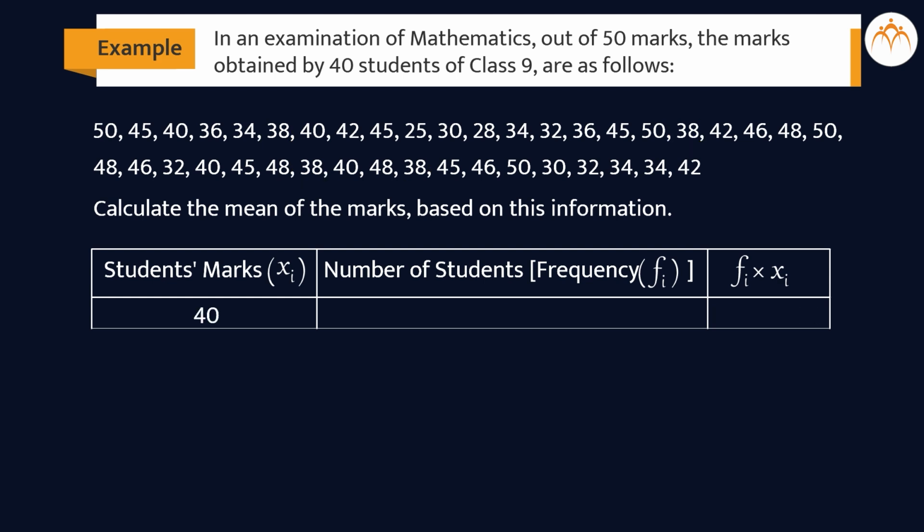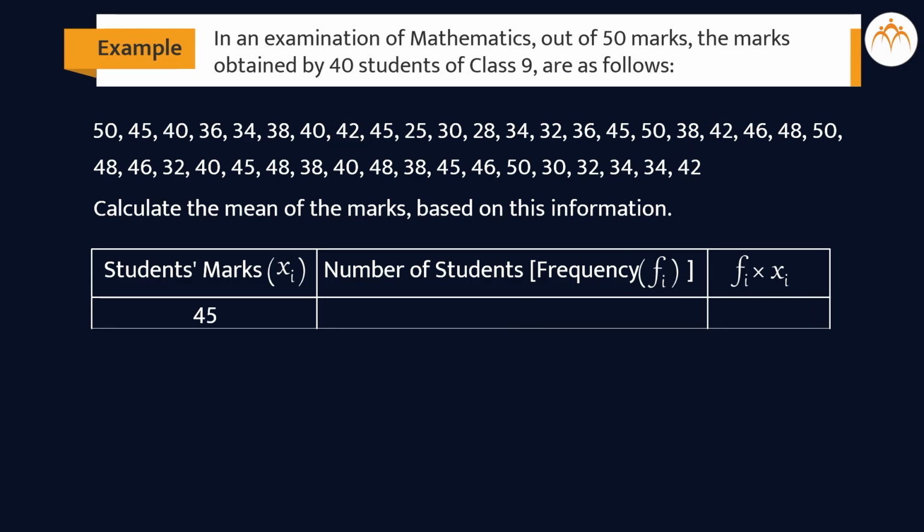For 40, the frequency f8 is 4, therefore 40 into 4 is equal to 160. For 42, the frequency f9 is 3. Therefore, 42 into 3 is equal to 126.